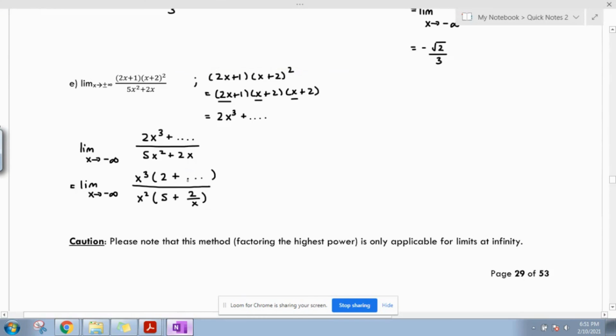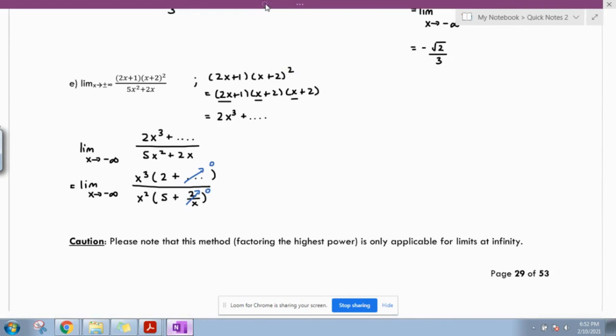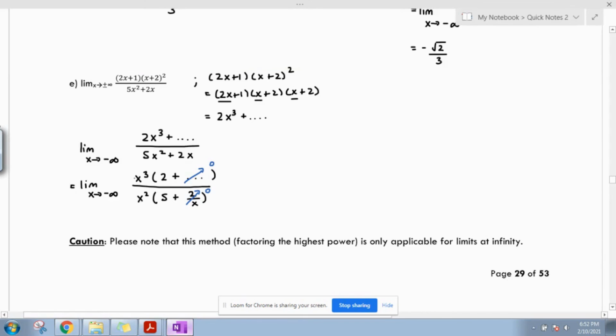I already know that this is already going to 0. This is also going to 0. And then I end up canceling out x² and the x³. And I end up with the limit as x approaches negative infinity for 2x over 5, right? Because I still have those numbers 2 and 5 there.